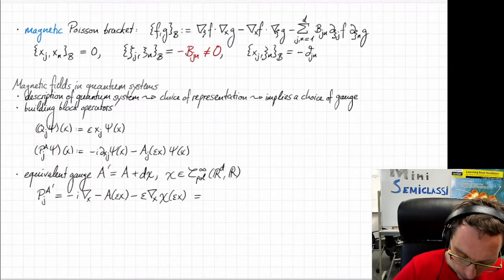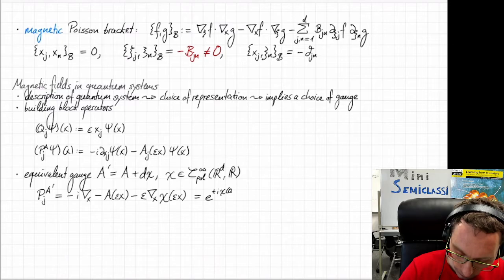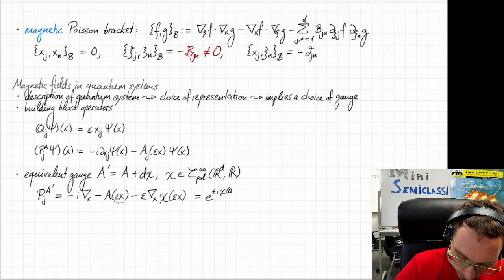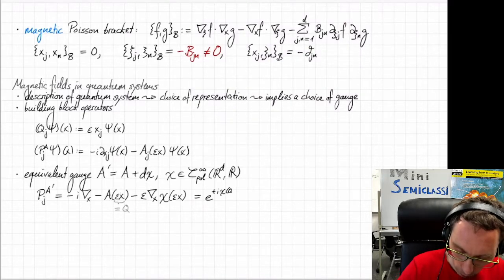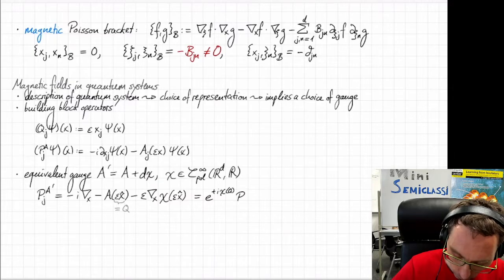How do we see this? Well, with a bit of grunt computation, you can convince yourself that this guy here is just our position operator Q, and to be consistent, I should put hats on top to indicate I view them as multiplication operators.